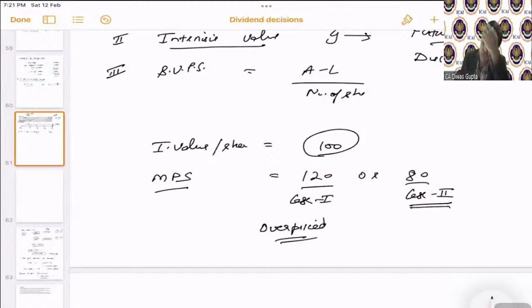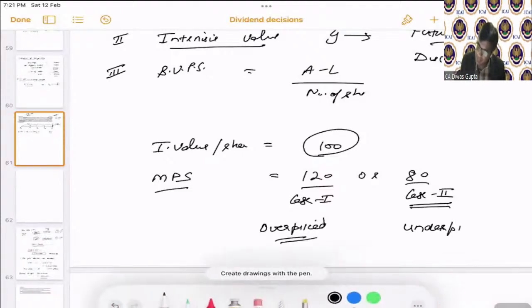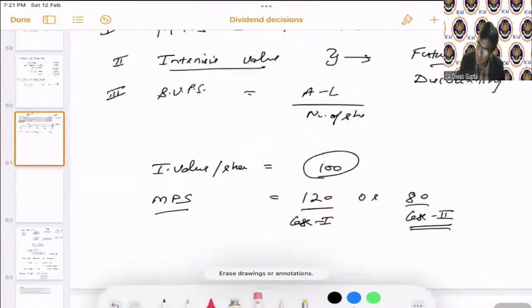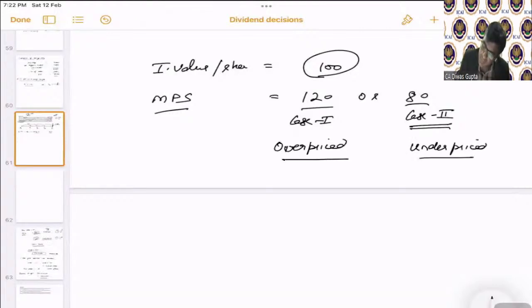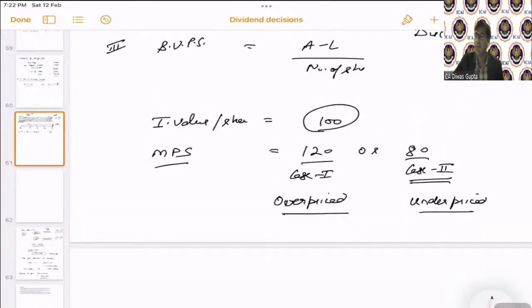And in case 2, the share is trading at 80 rupees, however the real worth, the intrinsic value, is 100. So don't you think people have priced it lower? Can we say that it is underpriced? This is overpriced, and this is underpriced. Right, students?